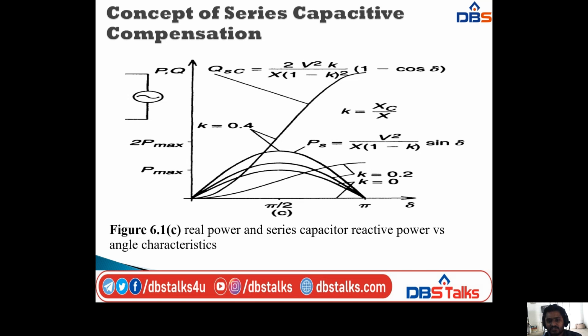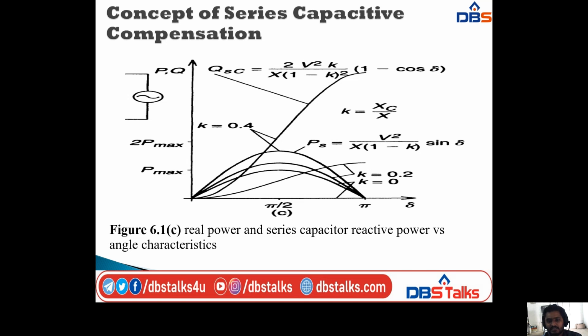When k is equal to 0 we draw one diagram, and when k is equal to 0.2 we draw another. For k equal to 0 we draw 3 characteristic curves between 0 to pi, and one more curve is drawn between 0 to pi that does not touch the delta axis.